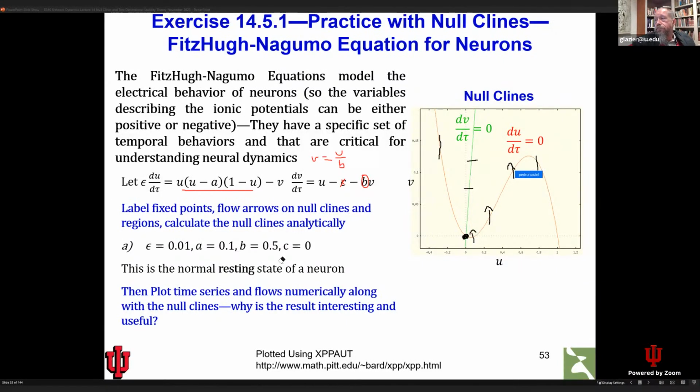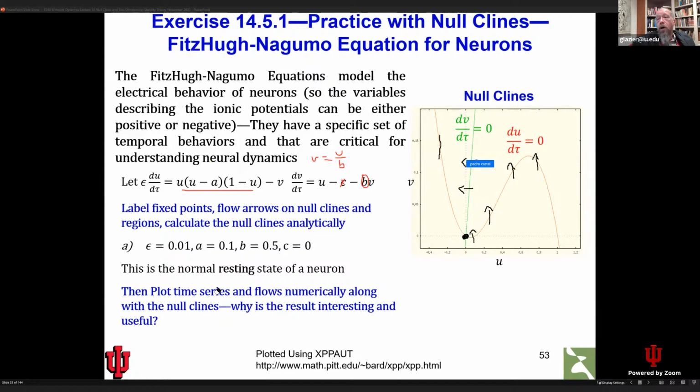Okay. Now what about the horizontal ones? Are they going to the left or the right? Okay.